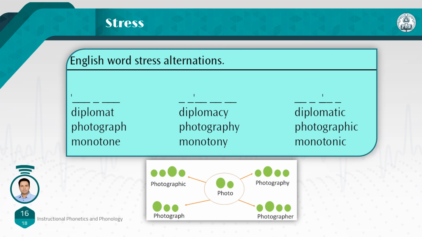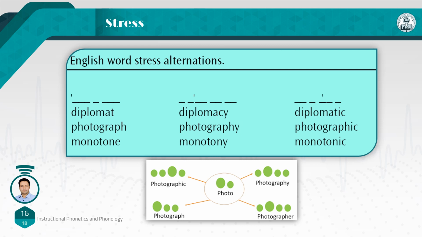Diplomat, photograph, monotone. When the noun-forming suffix y occurs, the stress in these words shifts to the second syllable. Look at this column. Diplomacy. Here, the noun-forming suffix y occurs at the end of the word. Diplomacy, photography, monotony. So here, the stress in these words shifts to the second syllable.